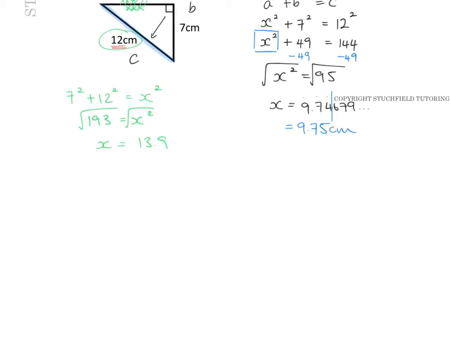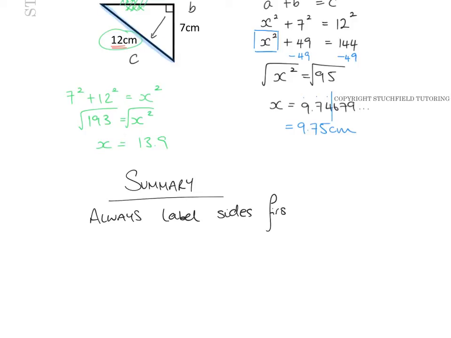Okay, so our summary. What we need to do is we need to always label the sides first. So C is opposite the right angle.